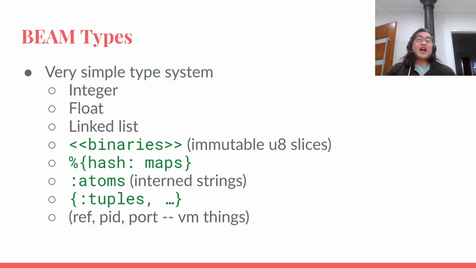They could even be another hash map. We have tuples, which have the corresponding syntax, and then there are a few VM-specific things called ref, PID, and port, which I won't get into too much detail, although PID does refer to the executing green thread.